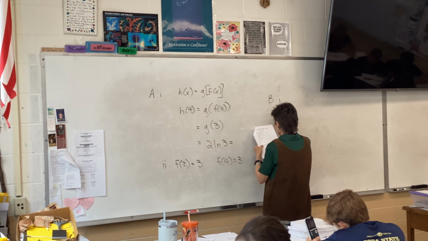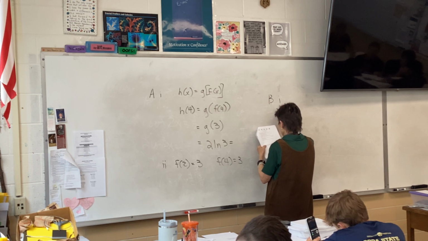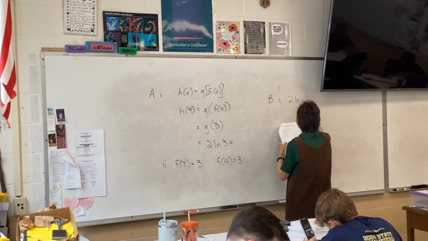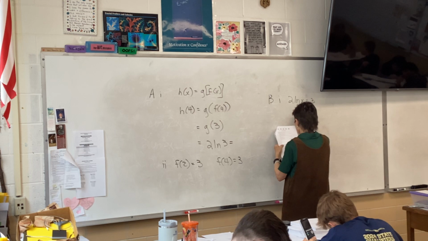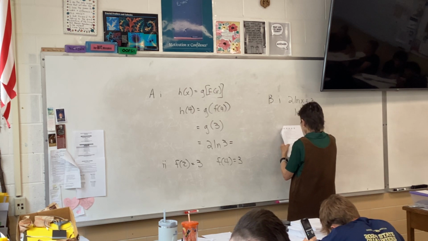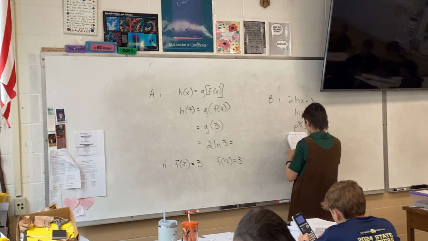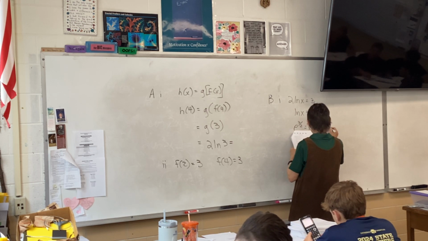Oh wait, I was looking at the wrong one too. It's increasing without bounds, as x approaches infinity. If it's increasing without bounds, it's positive infinity; if it's decreasing without bounds, it's negative infinity.